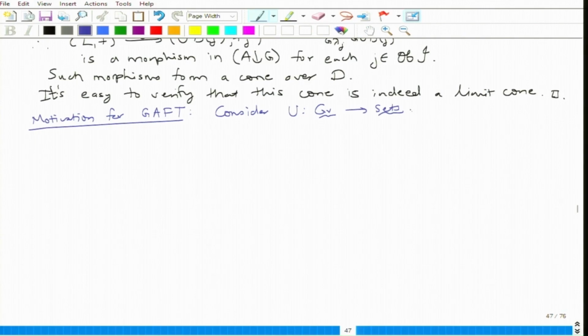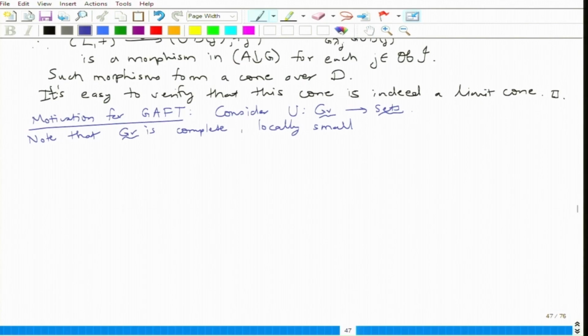Here I want to point your attention to certain properties. Note that the category of groups here is complete, as in it has all small limits. Then it is locally small because hom sets are just sets.